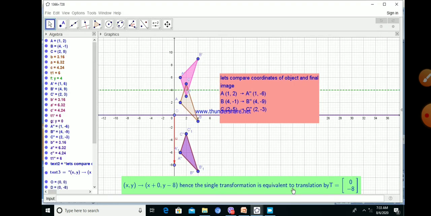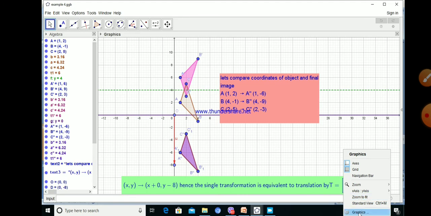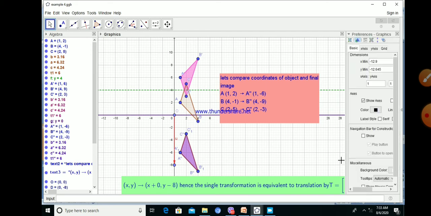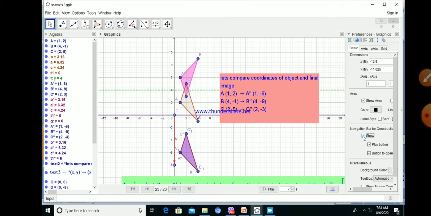Now, this is the formation of the final graph, but here I'll show it stepwise. Here the colored ones are the images, and the initial triangle ABC is the object. Let me demonstrate this stepwise.